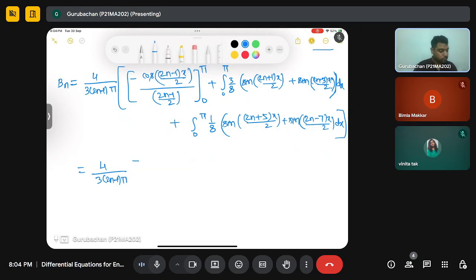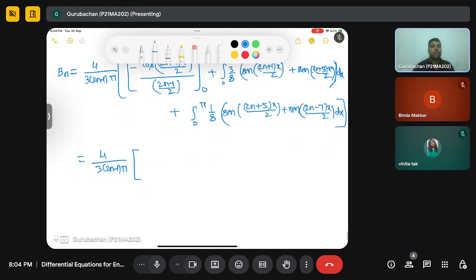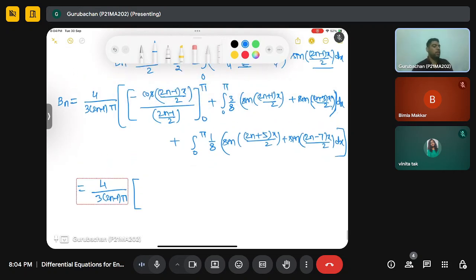calculate this value, the first one will give you cos 2n minus 1 pi by 2. Since it's an odd multiple, 2n minus 1 pi by 2 will give 0. Let's check it. This will be 0 minus minus, which will become positive.